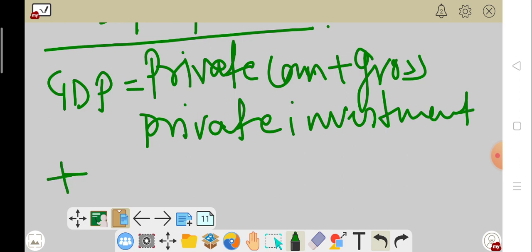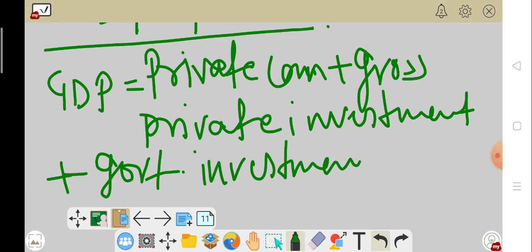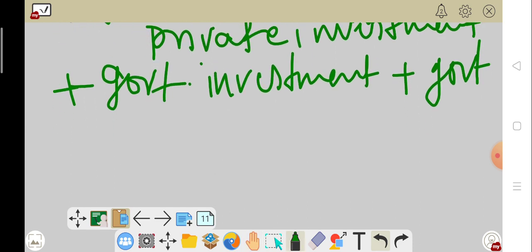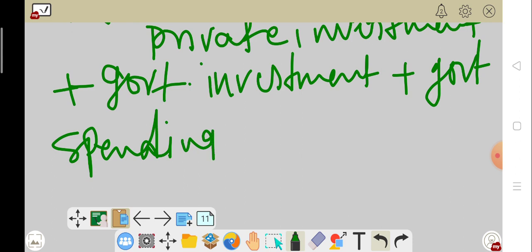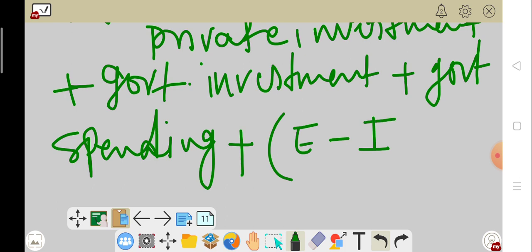plus government investment plus government spending plus export minus import.